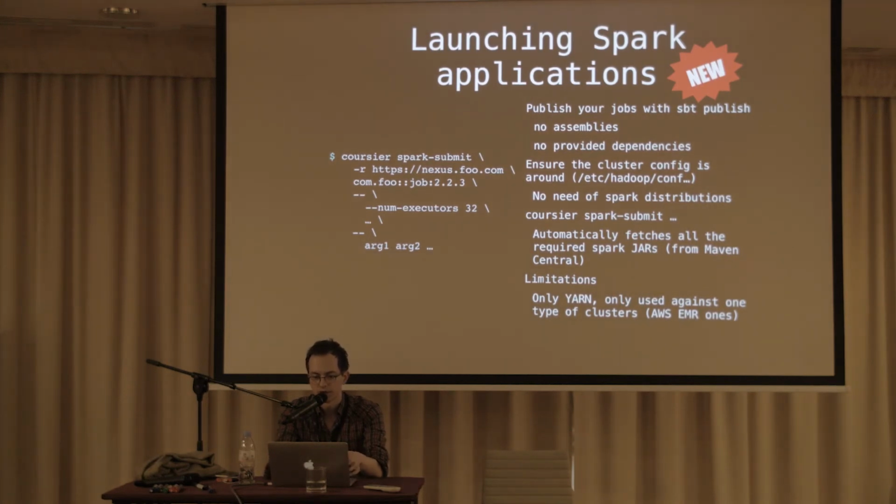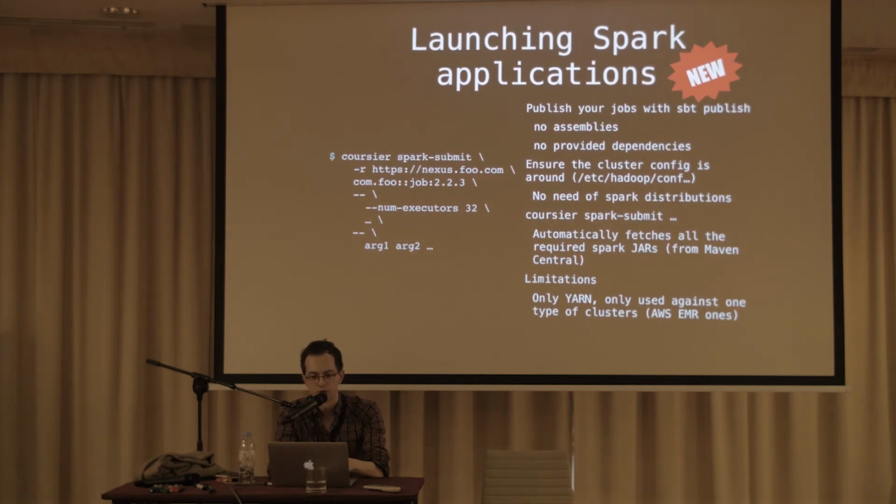And the nice thing with coursier Spark Submit is we don't need a Spark distribution. What this command does is it fetches the job class path, and then it looks at the Spark version this job depends on, and from this version it is able to get the Spark Submit application class path.